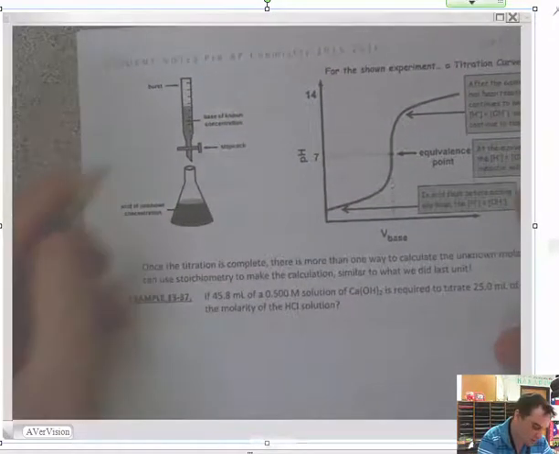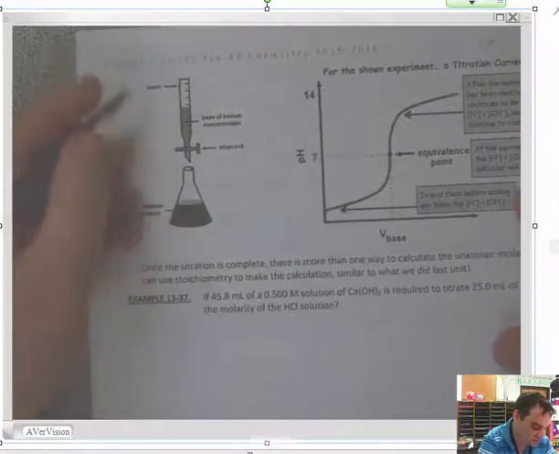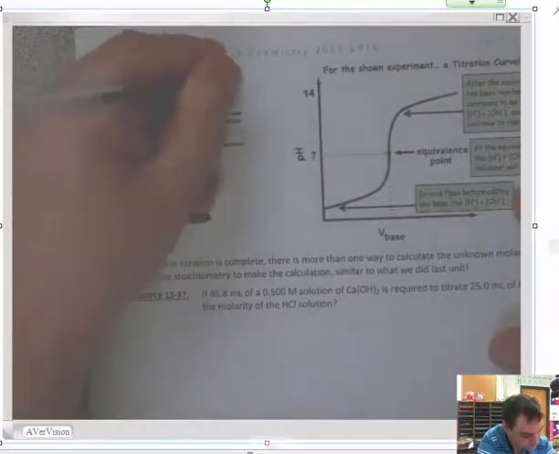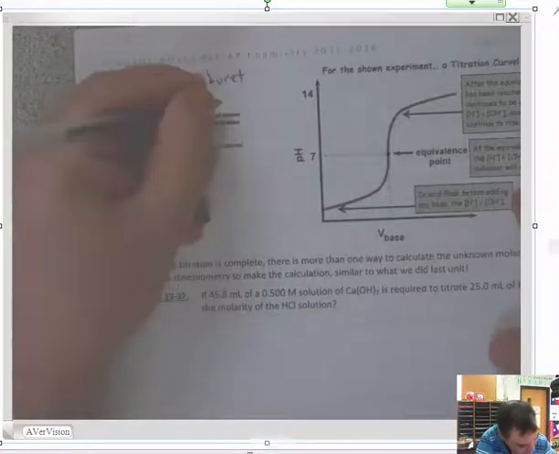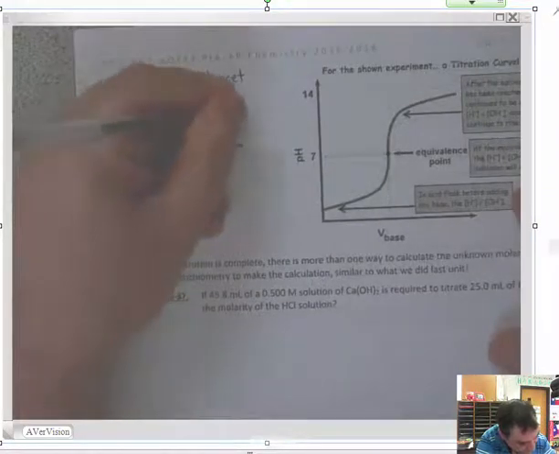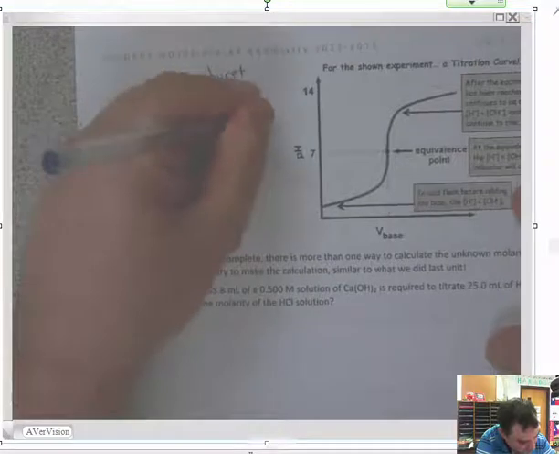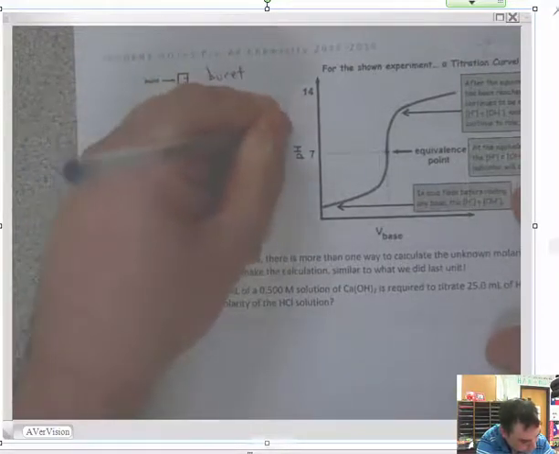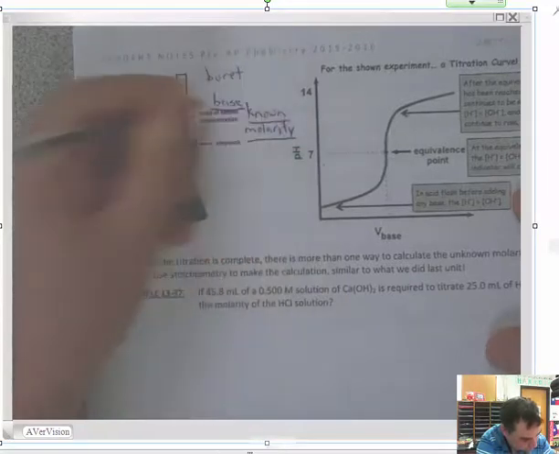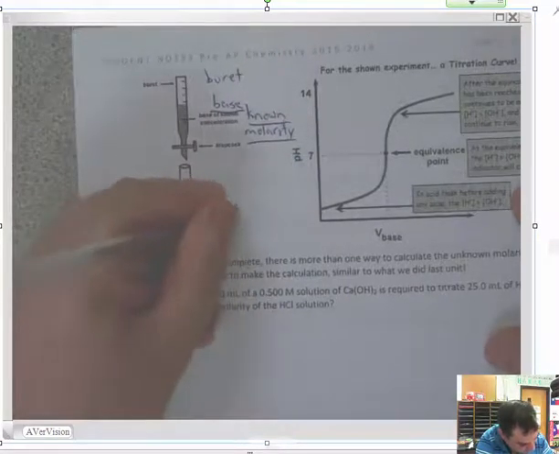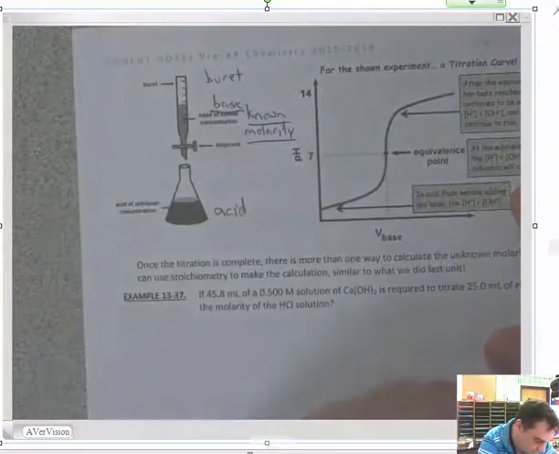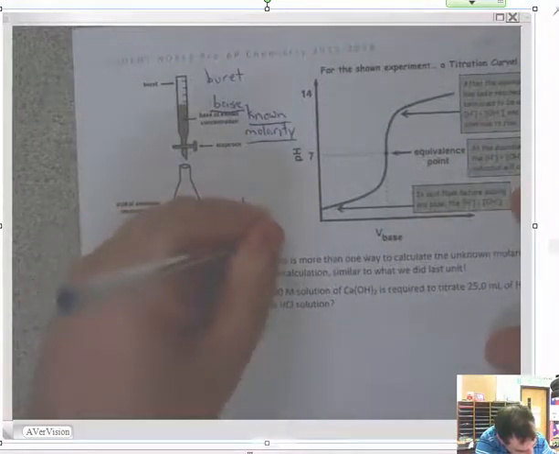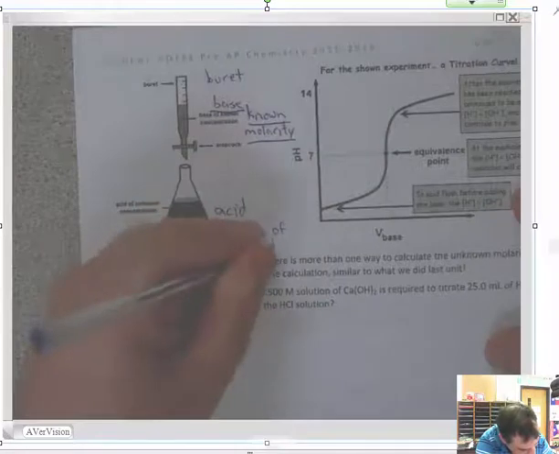Okay, so here is what you use to do a titration. This is the burette. This has the base in it. It has the known molarity. Down here is the acid. You get the volume of acid.